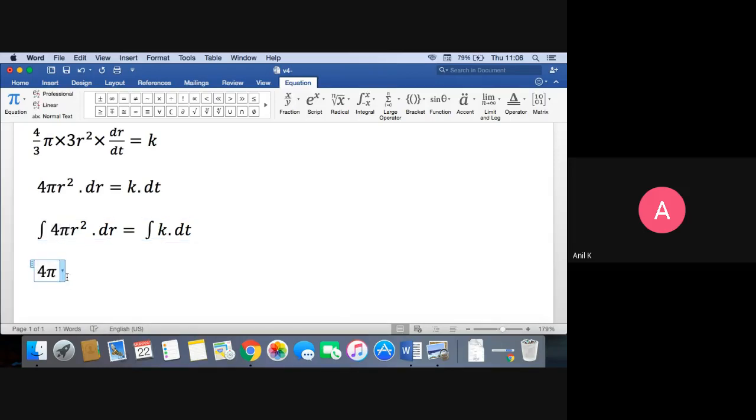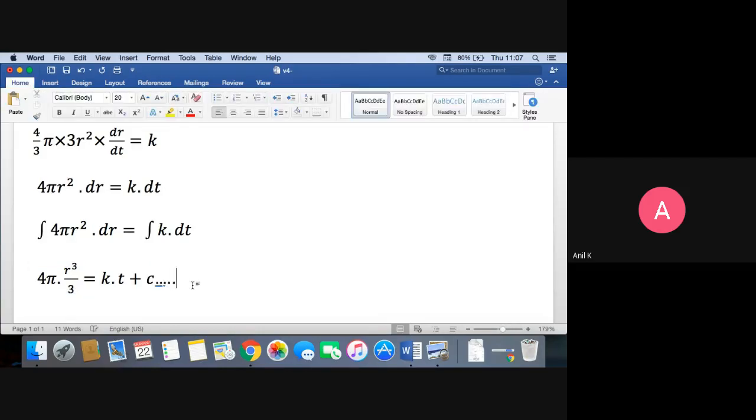After keeping 4 pi, the integration of r square is r power 3 upon 3, so it will come as r cube upon 3, which equals k, also a constant, times the integral of dt. The integral of dt is t, plus some constant c. We call this equation number 1.